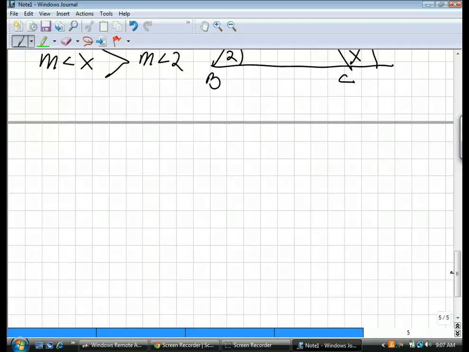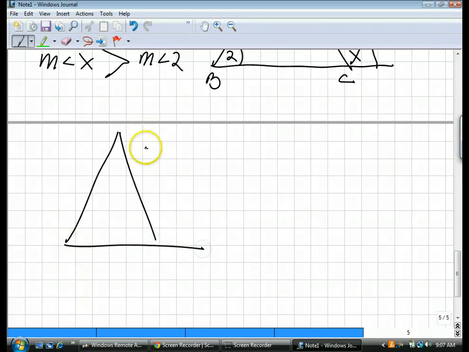All right, so let's look at this triangle. This is W, X, Y, and this is angle 1. This is point Z. Okay, and our given is we have triangle WXY with exterior angle 1, and we know that the length of WX equals the length of YW, or WY.